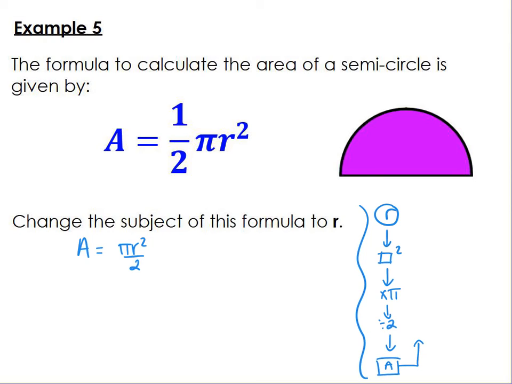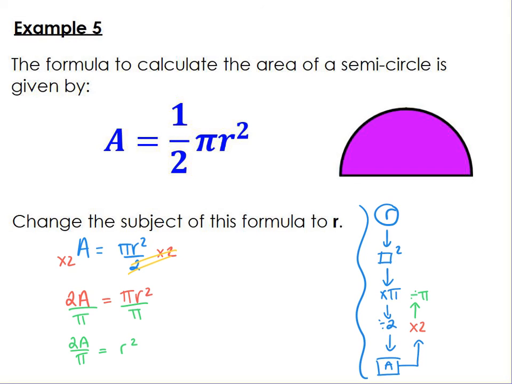So back up the way, the first thing I'm going to do is multiply by 2. That will help me get rid of the fraction. So 2a equals pi r squared. The fraction's gone. Then the next step is to divide by pi. So that is going to be 2a over pi equals r squared.